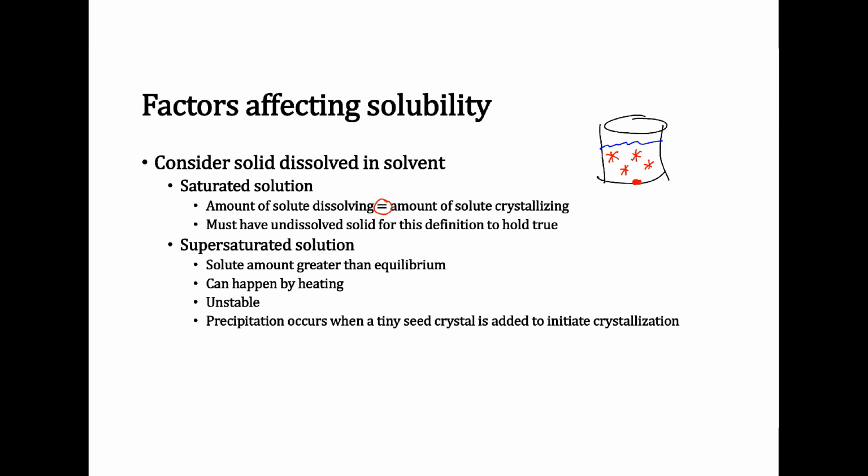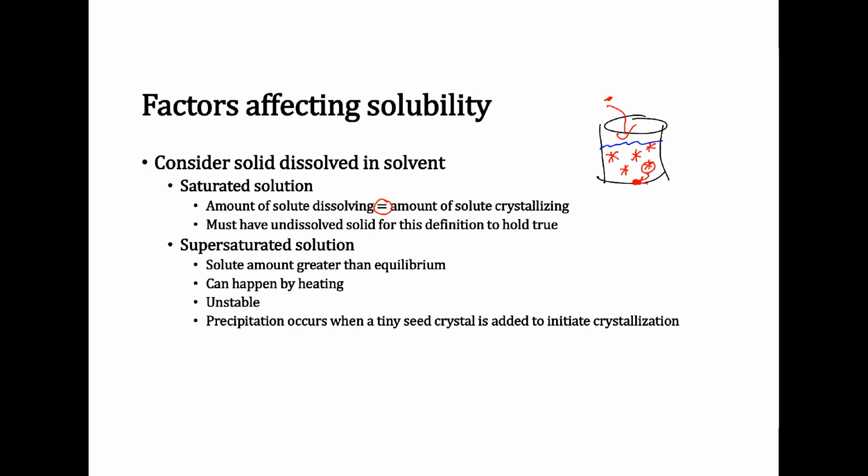If we were to add more solid into here, some of this new solute would dissolve, and as it's dissolving, that same amount will start to crystallize out. And so that's what we're going to see for saturated solutions.